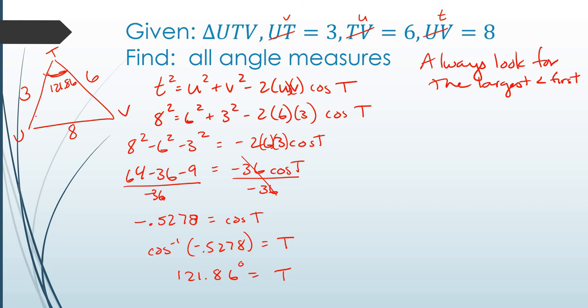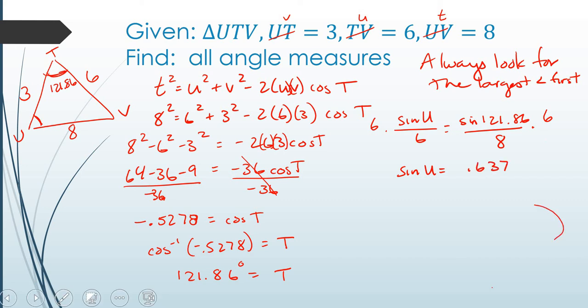Now that I have an angle measure, I can go back and use law of sines to find a second angle measure. I'm going to look for angle U. So the sine of U over 6 equals the sine of the angle that I just found, 121.86, over 8. Multiply both sides by 6. So the sine of U equals 0.637. Again, you're using your calculator for this.